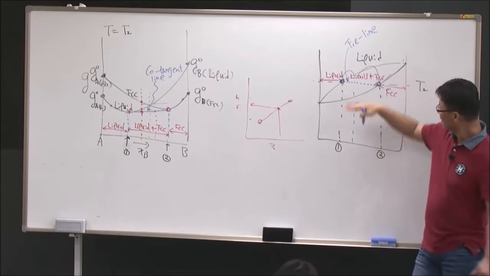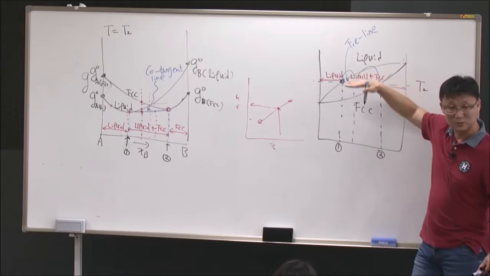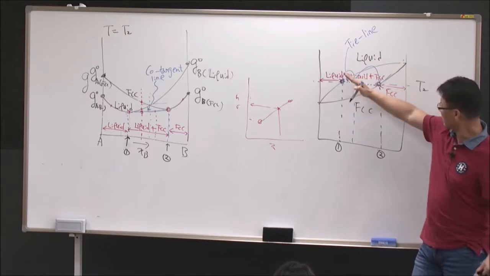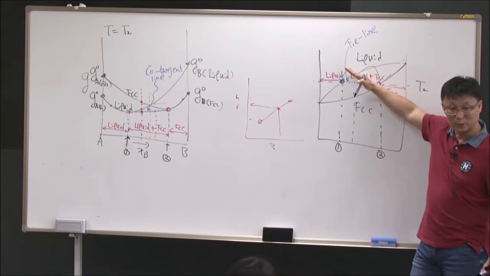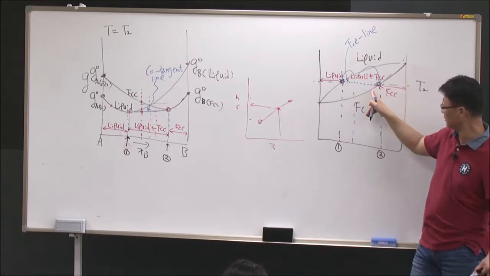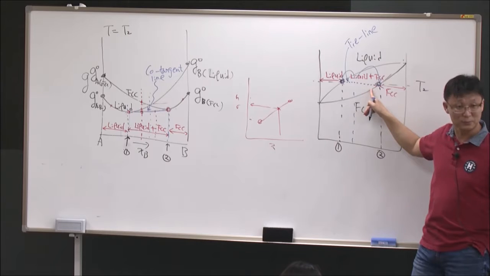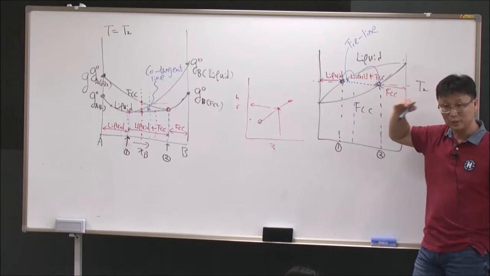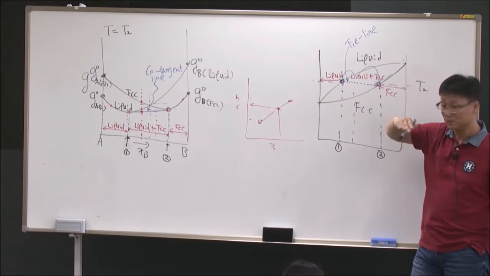The tie line should be parallel to the temperature axis. It's constant temperature. You cannot have a non-isothermal tie line, because thermodynamically this phase and this phase cannot exist together at different temperatures. So the tie line only exists at a given temperature. Okay?